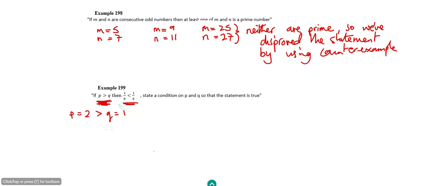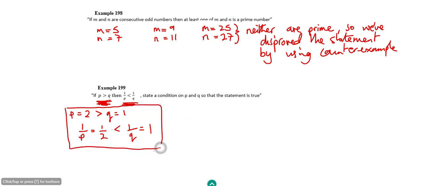Let's have a look at what happens to 1 over P and 1 over Q. 1 over P is equal to a half, and that is, as it says here, less than 1 over Q, because 1 over Q is equal to just 1, because it's 1 divided by 1. So in that case, it was true.